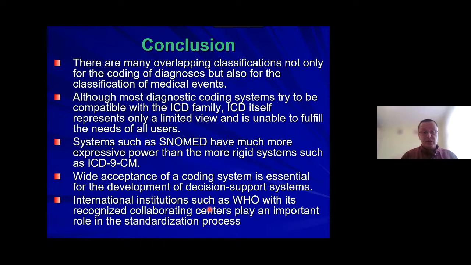And nomenclatures such as SNOMED have much more expressive power than a small rigid system like ICD-9-CM, but they also bring much more complexity and are difficult to process, especially without the help of computer systems. Wide acceptance of coding systems is essential for development of decision support systems, and even for conventional medical information systems. And international institutions such as the World Health Organization with its collaborating centers play an important role in the standardization process.